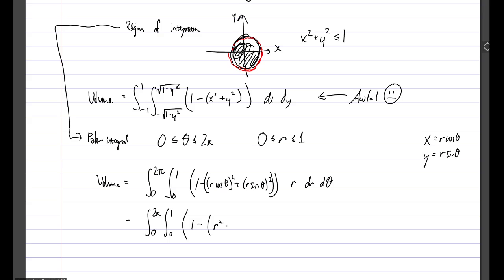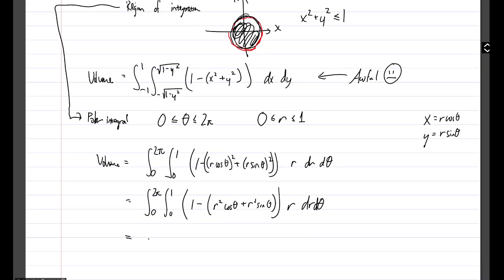Anyway, this will be r squared cosine squared theta plus r squared sine squared theta, r dr d theta, which equals the integral 0 to 2 pi, integral 0 to 1, 1 minus, and let's see here.